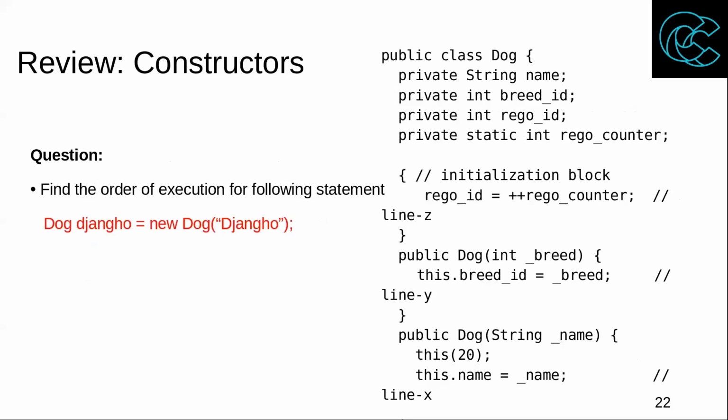Excuse me, sir. Yes. Sir, we have made an object here, django. If I do django.name, then will it be accessible or not? If it is outside of this dog class, which is the case here, then it will not be accessible, or it should result in an error, because it is private, right?